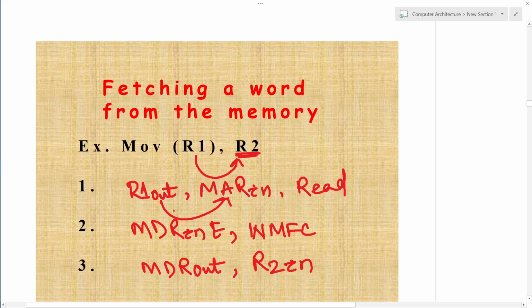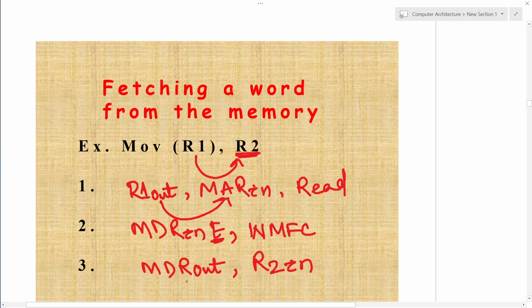So once again repeating, the content is in a register. I have to transfer that to memory because I have to access that memory location, and I perform the read operation. Once that location is identified through MAR, I have to transfer the content from that location to the data register through the external bus of the memory bus, and I have to wait till this operation completes. And once it is there in the external bus and available for the system bus, I have to write MDR out.